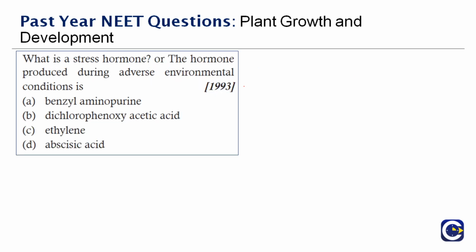Next question here. What is a stress hormone, or the hormone produced during adverse environmental conditions? This is again a very easy question for you. This is a repetitive question that we've already seen in the earlier parts. Now, what is stress?